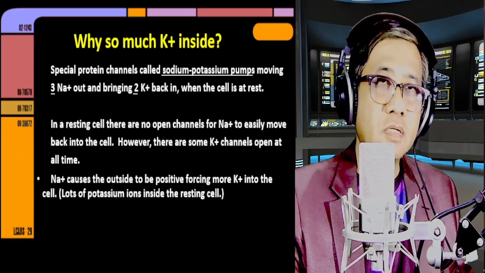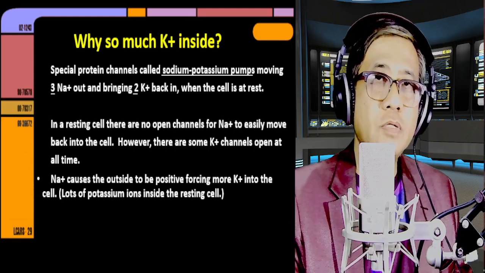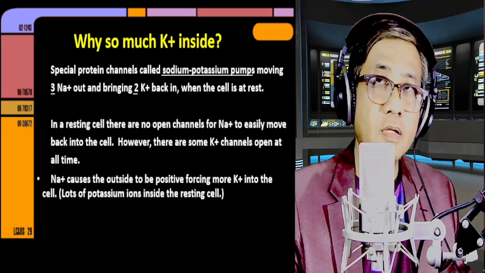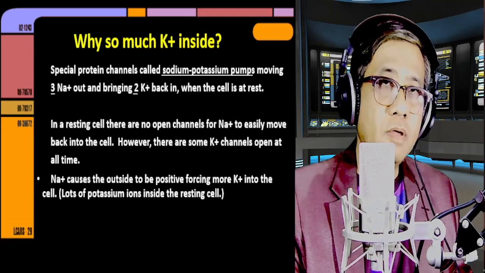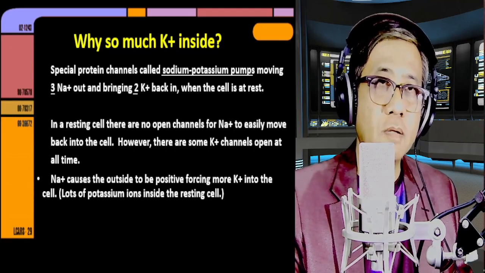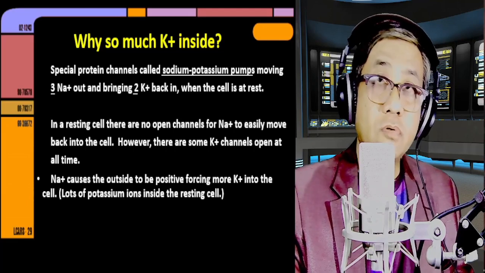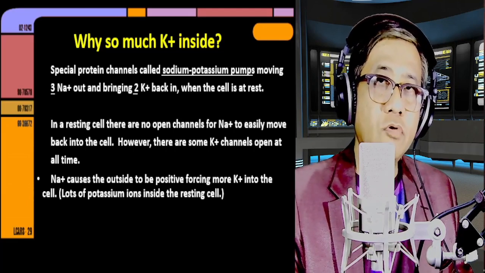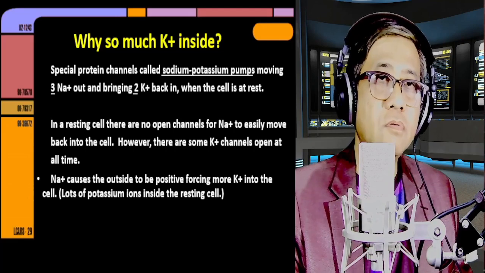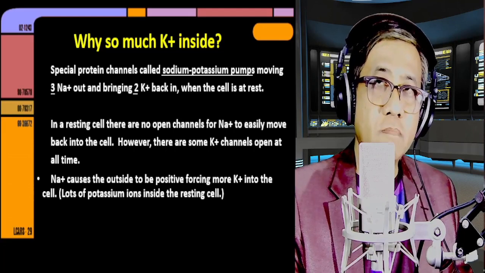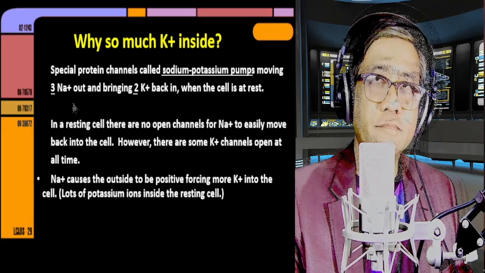In a resting cell, there are no open channels for sodium ions to easily move back into the cell. However, there are some potassium channels open all the time. Sodium ions cause the outside to be positive, forcing more potassium ions into the cell. So this is what we call a resting membrane potential.